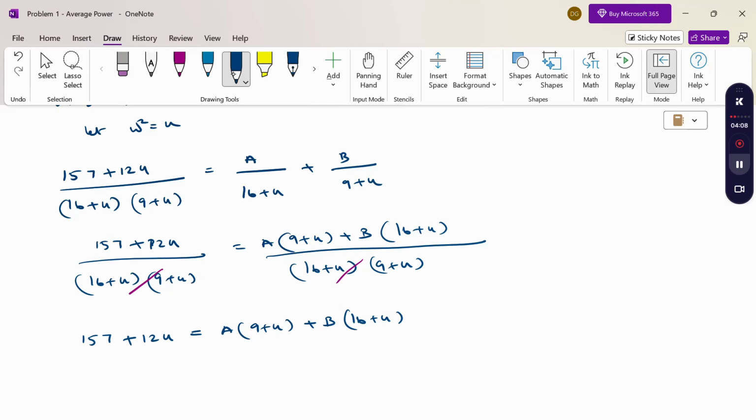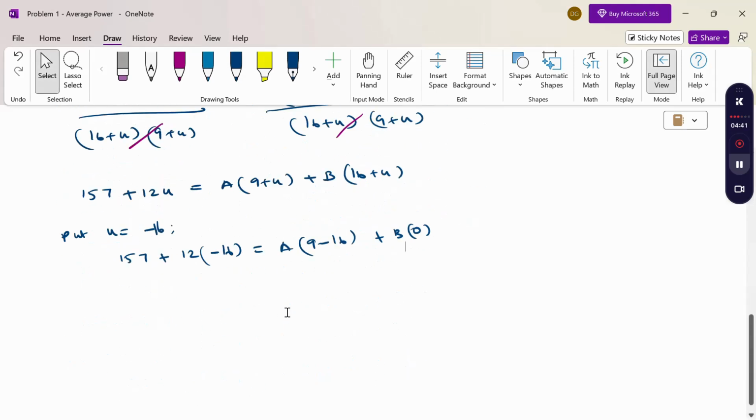There are two ways to calculate: multiply every term and compare the coefficients, or here it is easier to substitute. Put u equal to minus 16. Then 157 plus 12 into minus 16 equal to A into 9 minus 16 plus B into 0. So the B term is 0.